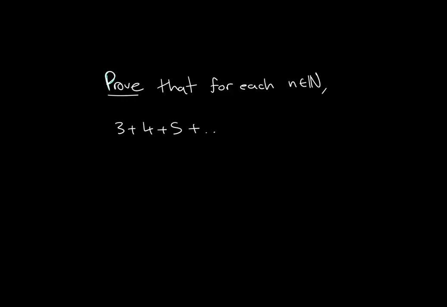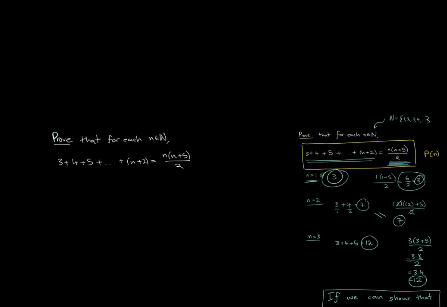Prove that for each natural number n, we know that 3 plus 4 plus 5 plus ... plus n plus 2 is always equal to n times n plus 5, all divided by 2. So that's our goal. I think I wrote that down correctly, right?